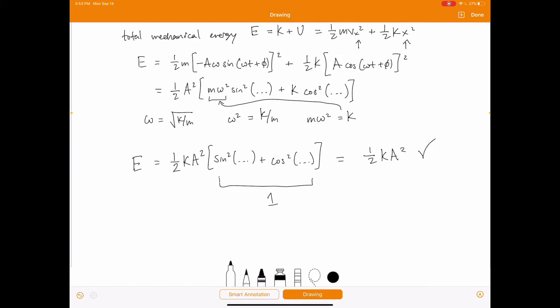Now notice these are all constants, so the total mechanical energy is conserved. The idea is we came up with this formula for the total mechanical energy, and it just turned out to be a constant, something that doesn't change over time. That's just another way of saying it's going to be conserved.